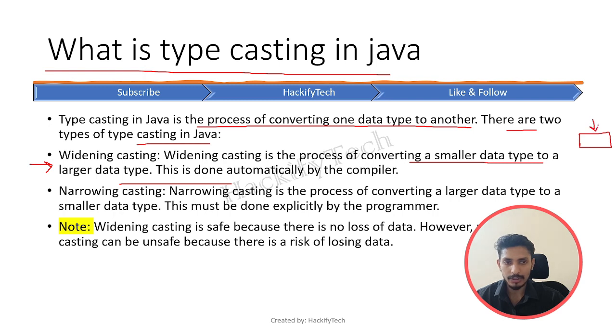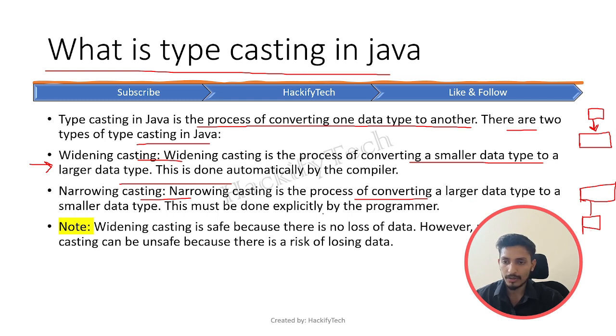Assume you have a smaller data type and you are converting it to a bigger data type, at that time we call it widening typecasting. Narrowing typecasting is the process of converting a large data type to a smaller data type, so definitely there is a chance of data loss as well.